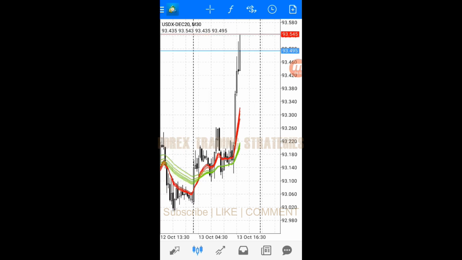Now, the US dollar index is your compass, your guiding compass. If you just woke up and you don't know whether you're going to be selling or buying Euro USD, or selling or buying GBP USD, just open the US dollar index.